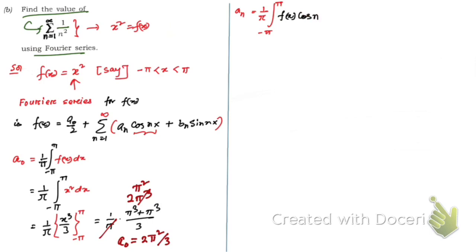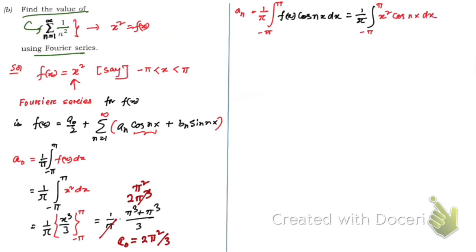Again, let's put x square for f of x. So what you will get is 1 by pi integration from minus pi to plus pi of x square cos nx dx.